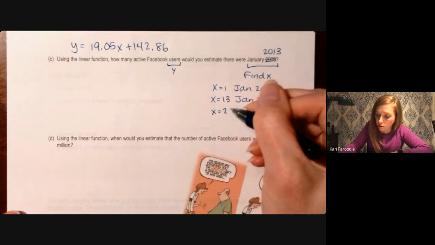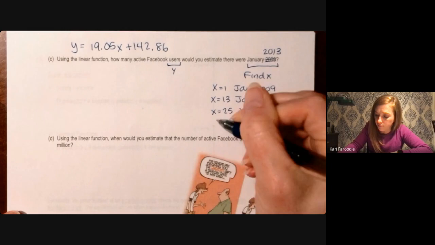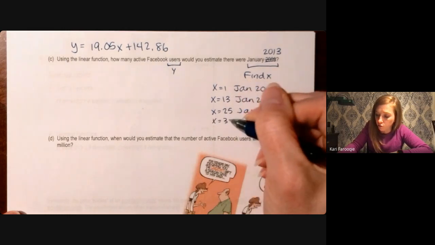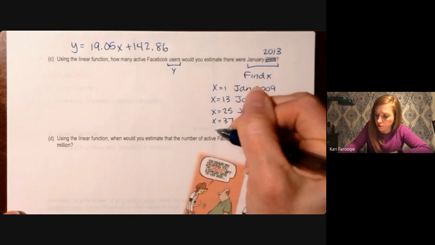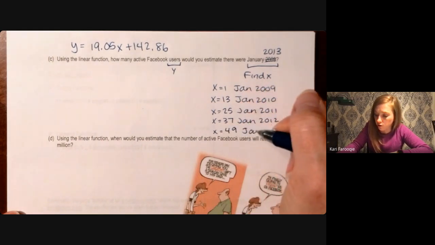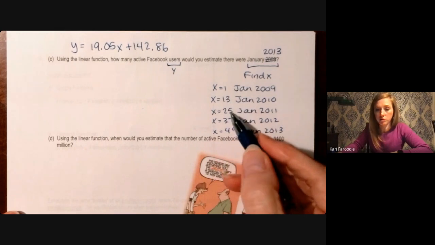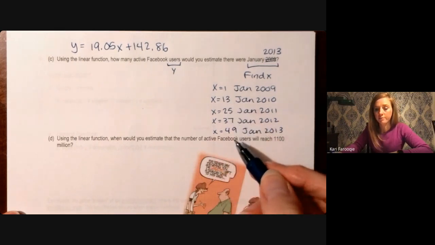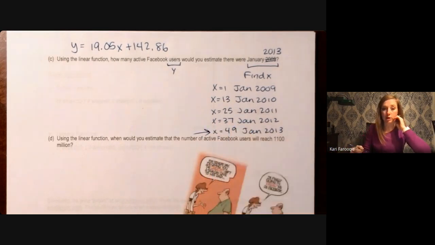Add 12 more, and you'll get to January of 2011. Add 12 more, and you'll get to January of 2012. And then add 12 more, and you'll get to January of 2013. So we're just going to keep adding 12 months to get to the next exact year. And now we know that x is going to be 49. So that was the hard part.